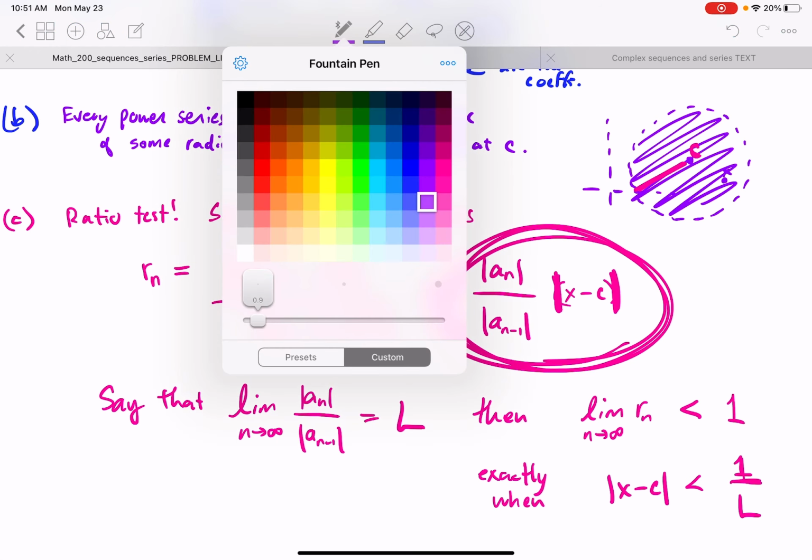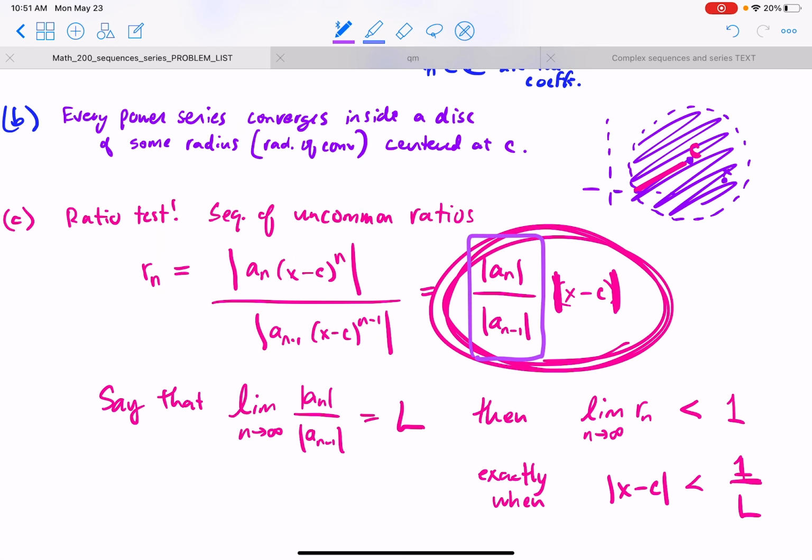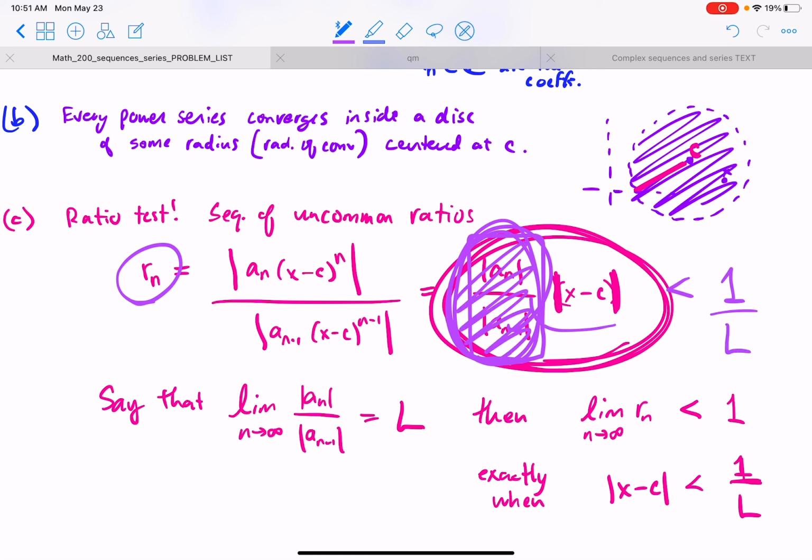If this part goes to L, and we want r sub n less than 1, well then just divide through by L, and we get the absolute value of x minus c is less than 1 over L. And so that radius is 1 over L, this radius right here.